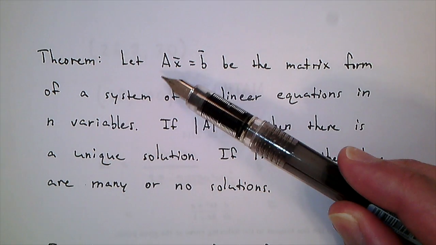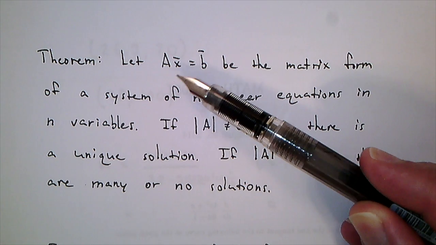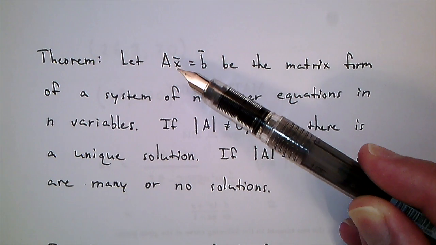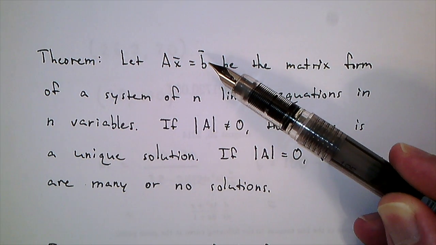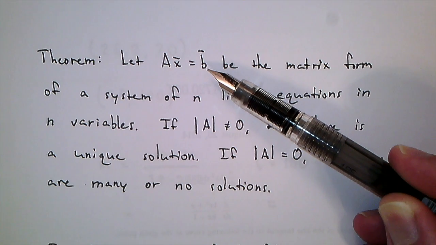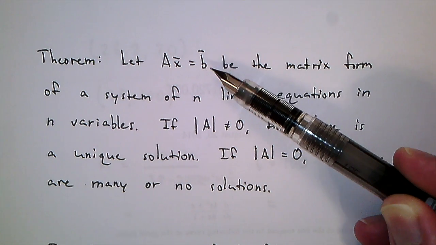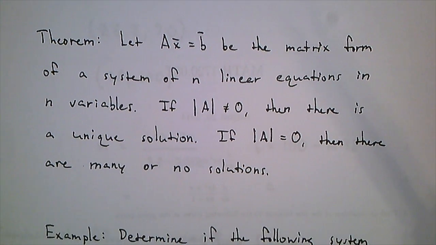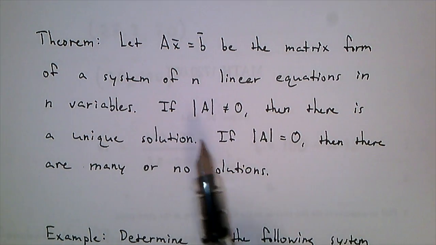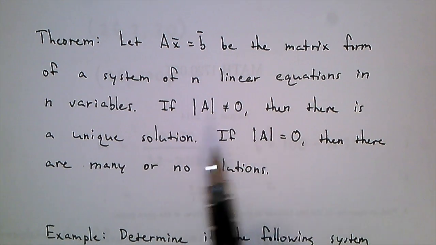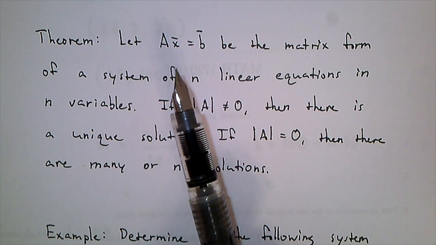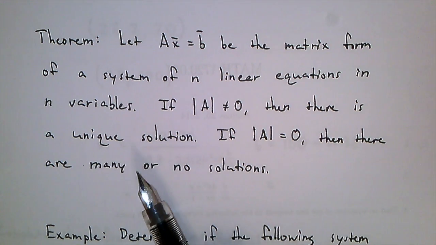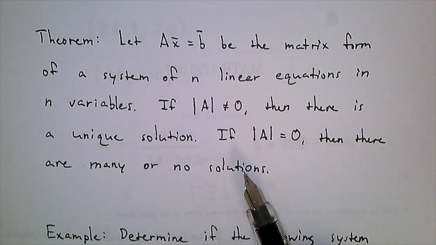So what this means is that A is an n by n matrix, x is a vector with n unknown entries, and B is a vector with n entries again, but these will be numbers. And here's what the theorem tells us about this equation. If the determinant of A is not 0, then there's a unique solution to the system of equations. And if the determinant is equal to 0, then there are many solutions or there are no solutions.